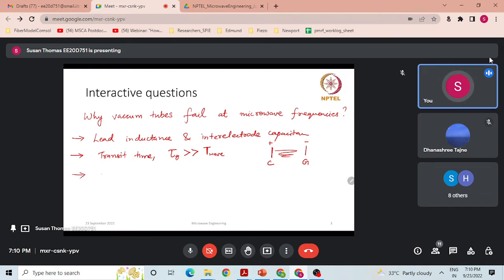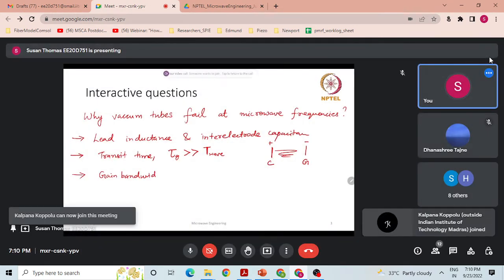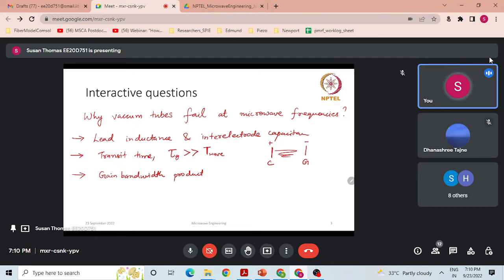Now let me come to the third point, which is the gain bandwidth product. In all conventional tubes, we are able to achieve a maximum gain by resonating the circuit.